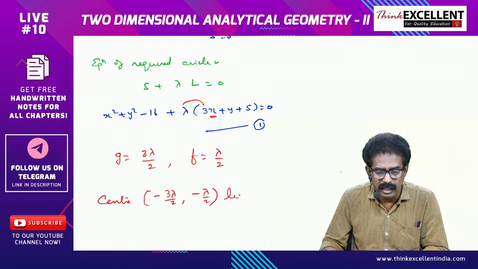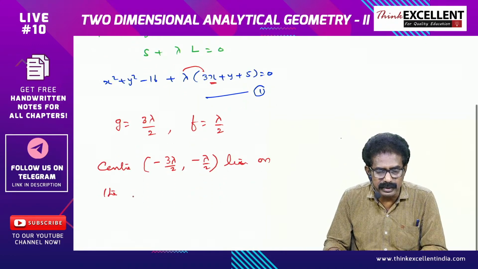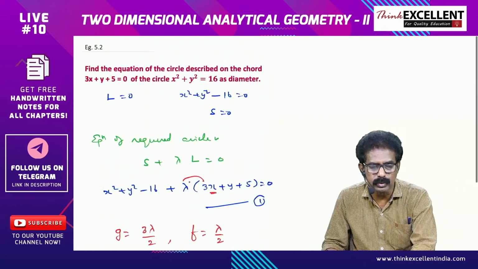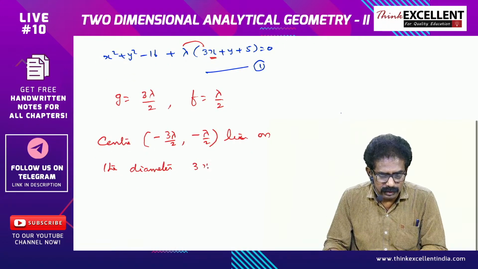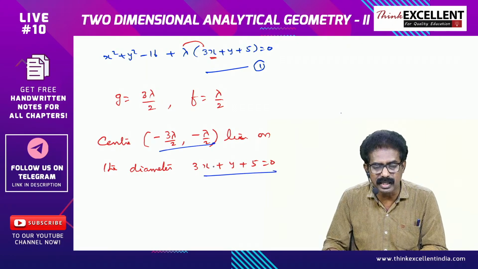The center lies on the diameter. They have given the diameter equation: the chord as diameter, 3x plus y plus 5 equal to 0. So the center lies on this. Give this value in place of x and this value in place of y.